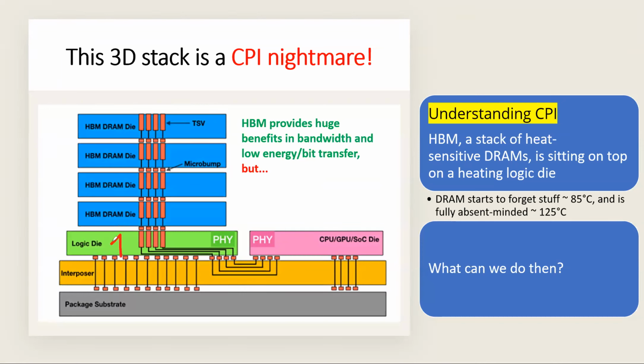This baby is heating up like crazy, and this is a DRAM that cannot tolerate high temperature. It starts to forget stuff at 85 and it's fully absent-minded at 125 degrees Celsius. So that's pretty much the key message I'd like to convey from this talk.